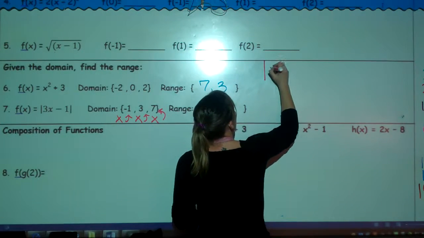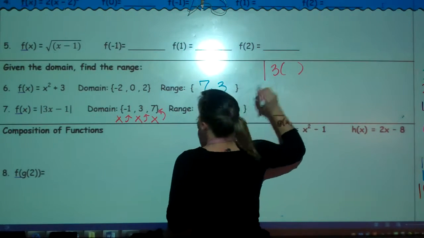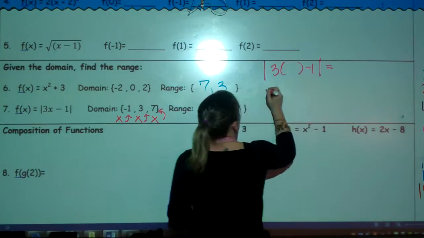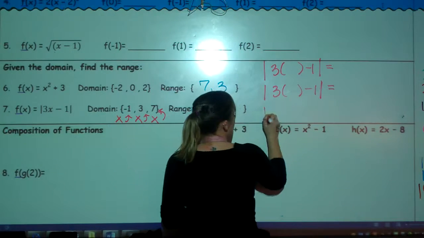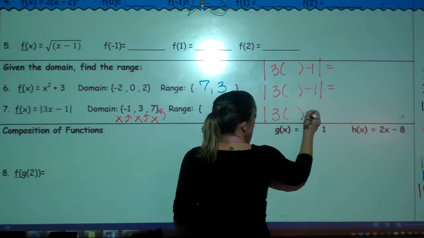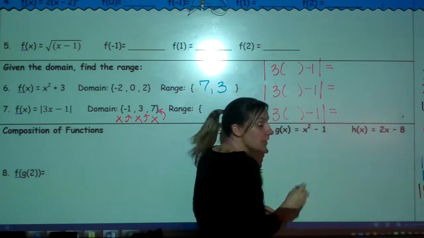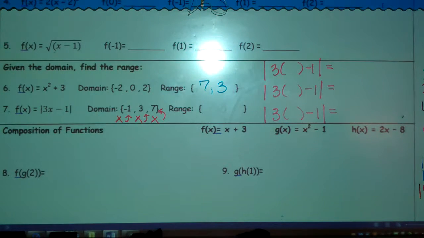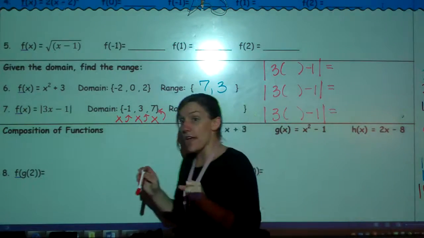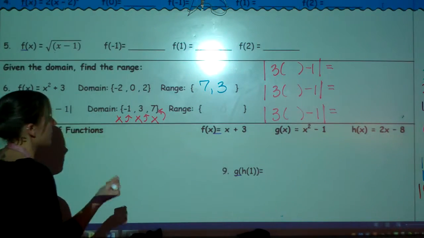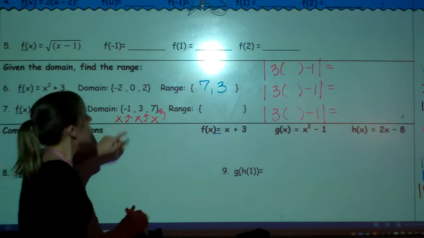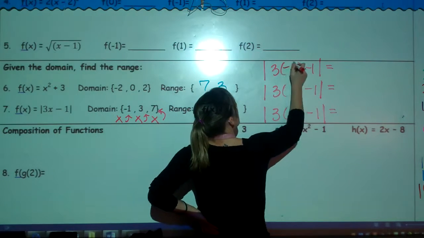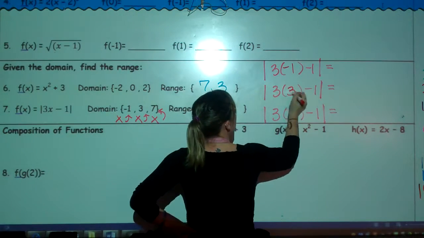So the absolute value of 3 times x minus 1, the absolute value of 3 times x minus 1, and the absolute value of 3 times x minus 1. Again, I really like to just take out the x, put in parentheses, and then go back. I think it makes it nice and simple, and that's actually what we're going to do when we get to this next part. So I put in a negative 1, I put in a 3, and I put in a 7.